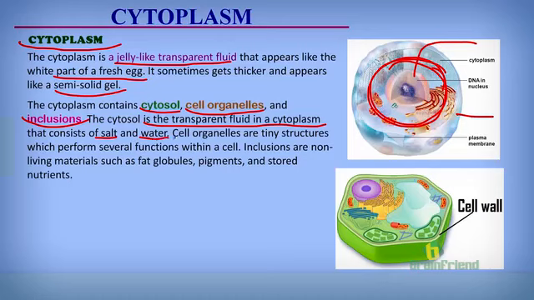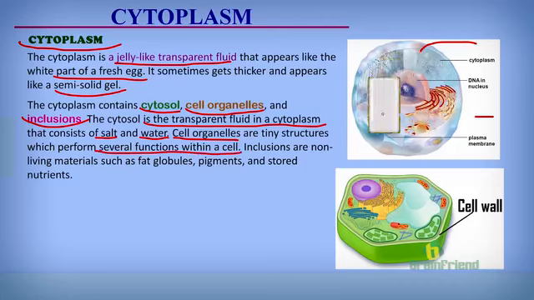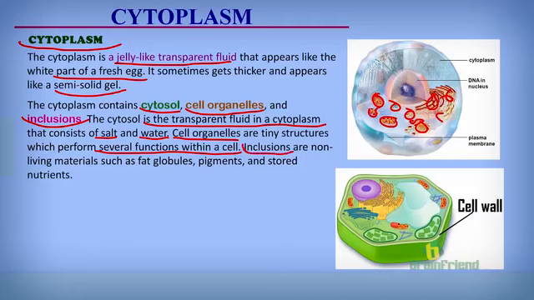Cell organelles, also found in the cytoplasm, are tiny structures that carry out several functions within a cell. So in the cytosol, which is the fluid, you will find different structures in different shapes and sizes that carry out various functions within the cell. You will also find cell inclusions.